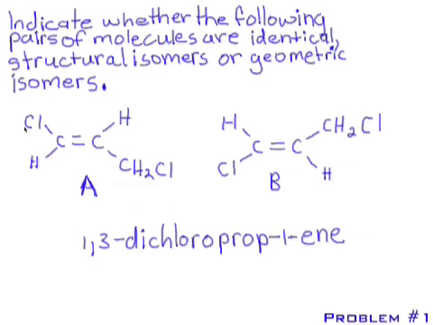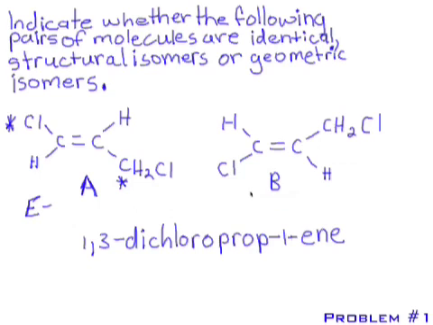Let's do EZ on structure A. If I look at the first carbon on the left, chlorine's higher atomic number than H, so it's higher priority. If I look on the right, I see hydrogen and carbon. Carbon's higher atomic number, so it's high priority. We see our high priority groups on opposite sides of the double bond. Do you recall what isomer that is? A is E, for entgegen.